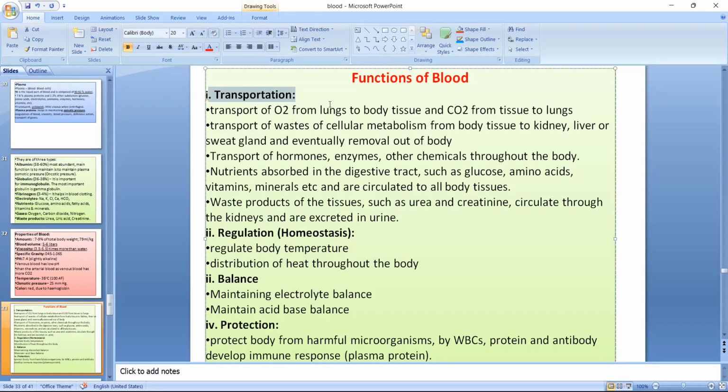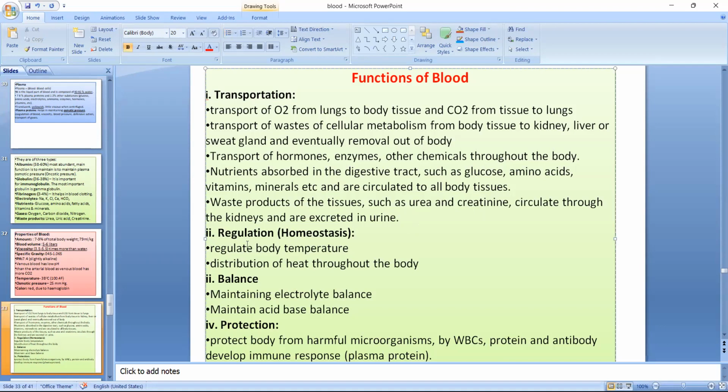It may be hormones, digested food material, or respiratory gases. And even from the various excretory organs or tissues, the excretory products are transported to the excretory organs. We all know that.